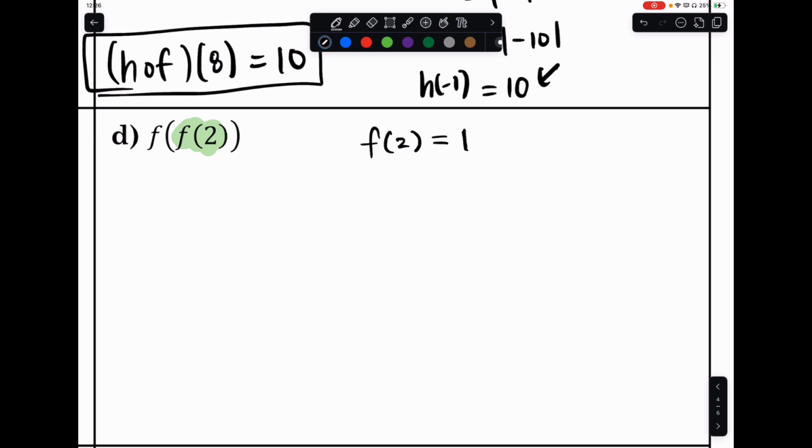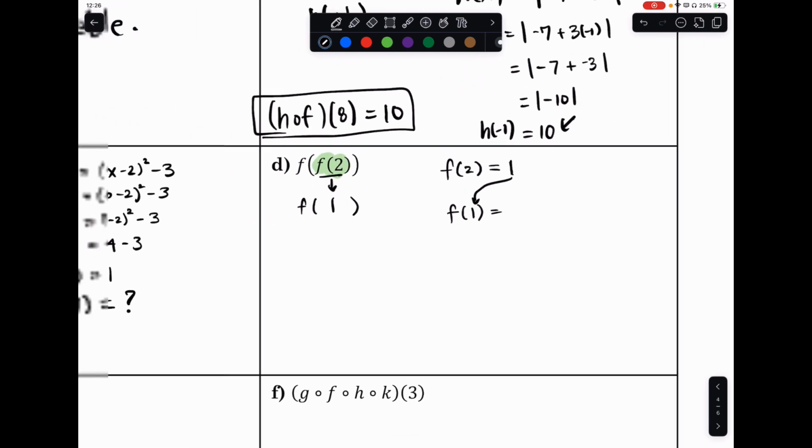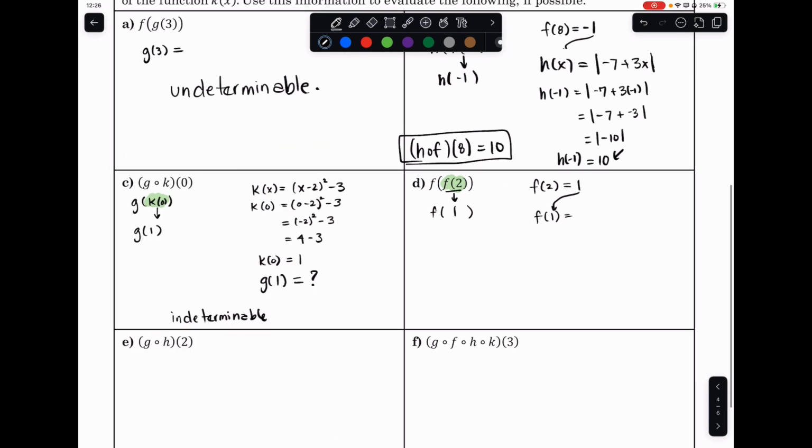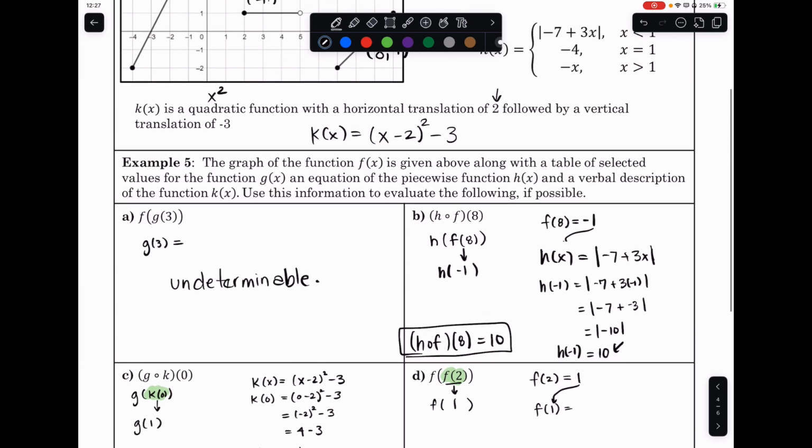And now, since we know that this value equals 1, we're going to evaluate the outside function, which happens to be the same function f, now at the value of 1. So f is going to be evaluated at 1. So I'm going to plug the 1 into the x of f and see what the y value is. Now again, since we don't have the actual equation, we only have the graph representation, we're going to use the graph.